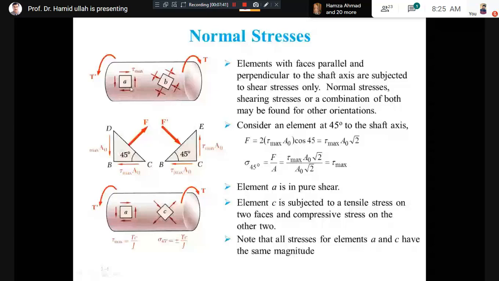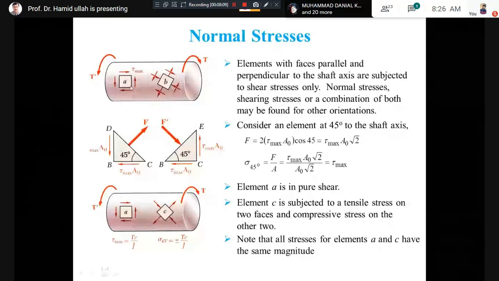What is B? If you rotate this differential element A at a certain angle, it will occupy this position. So this is the orientation at some angle of the same differential element shown in A.